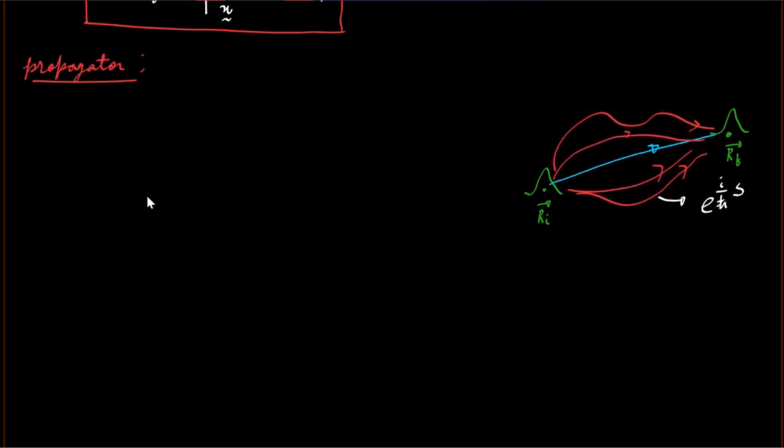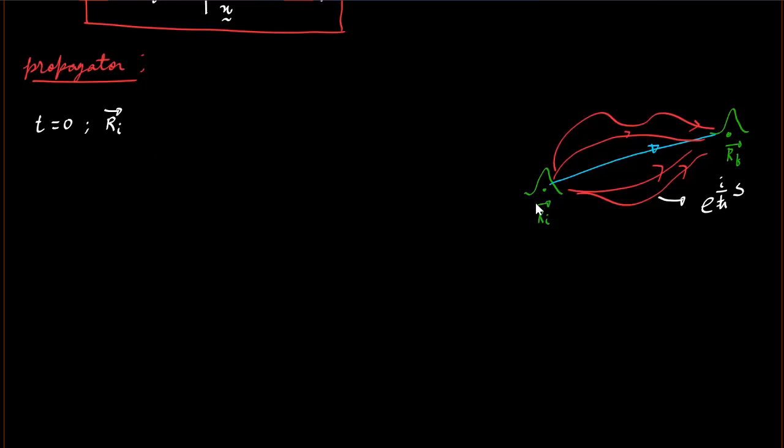Here again consider the same quantum particle, and it is localized initially within this region. At time t equal to 0, the particle is localized in the region Ri.